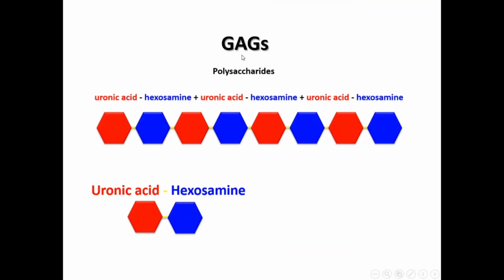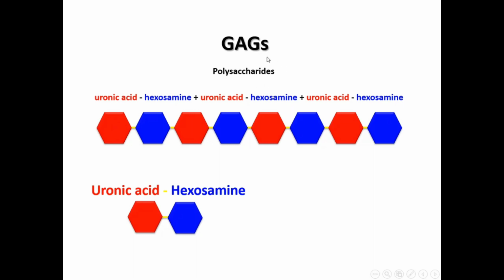Let's start with GAGs. The GAG is a polysaccharide. Poly means many, a lot. Saccharide means sugar, carbohydrate. It means the GAGs consist of many sugars. I show each sugar here as a hexagon.